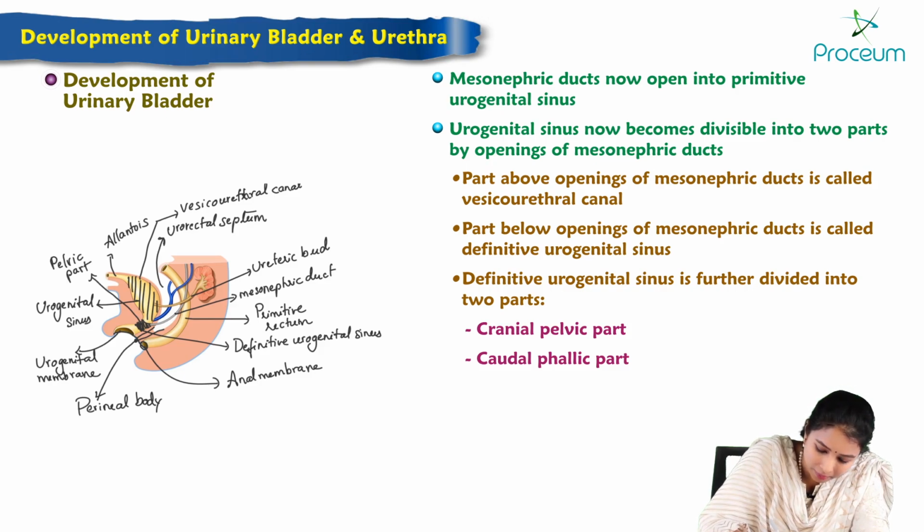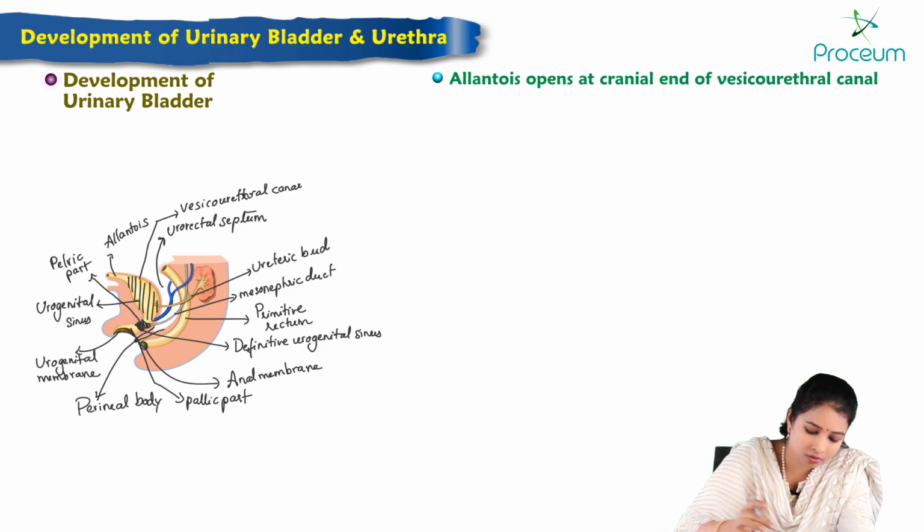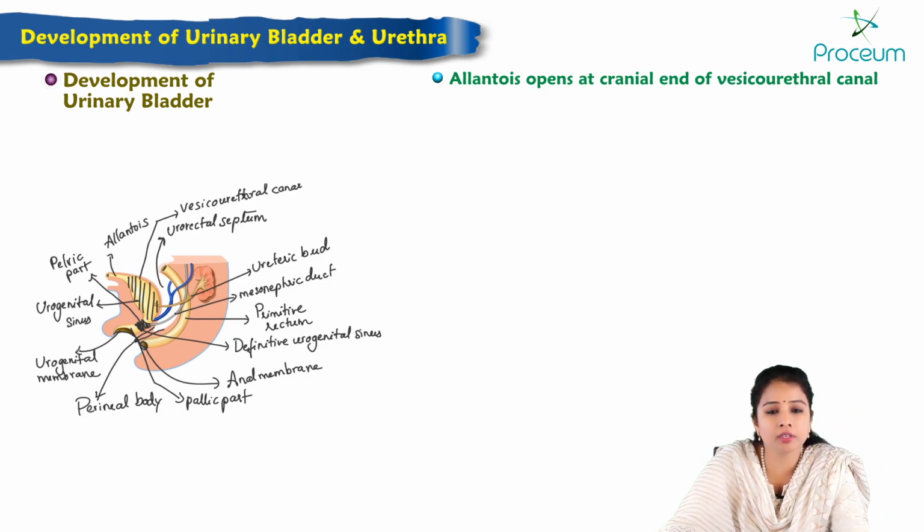And caudal phallic part. So the allantois opens at the cranial end of vesico-urethral canal. So you can see the allantoic diverticulum which opens into the vesico-urethral canal and where it forms urachus in adults.